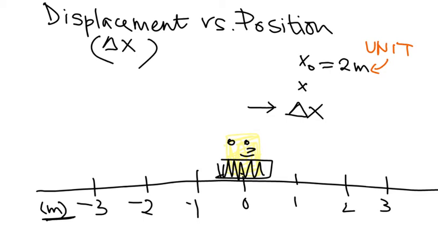Okay, even though he moved back and forth and back and forth and back and forth, his final position was 0. Okay, so from your notes you have delta x is equal to final minus initial. So we have 0 minus 2, and his displacement was negative 2 meters.